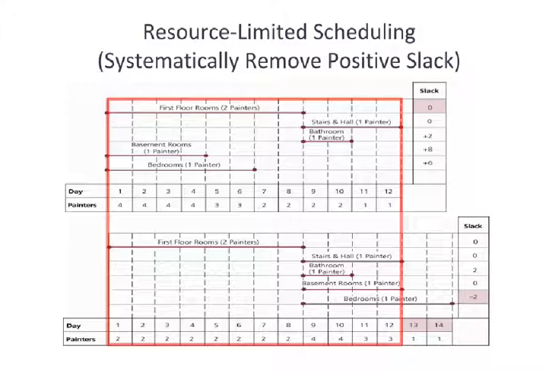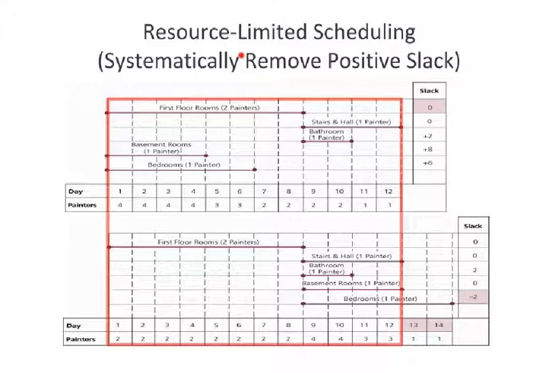And when we run out of positive slack, then we're going to start systematically removing even more slack, and we may have to go negative in order to limit our resources. But we want to eliminate positive slack first. We don't want to go negative until we have to.